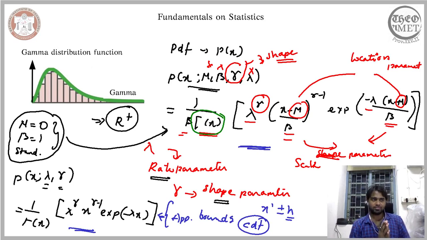So what we have seen is three different types of distributions, and we have looked into the expressions for the probability density functions of all these three distributions.